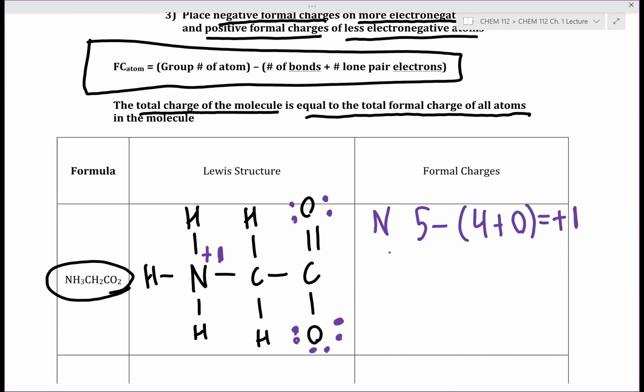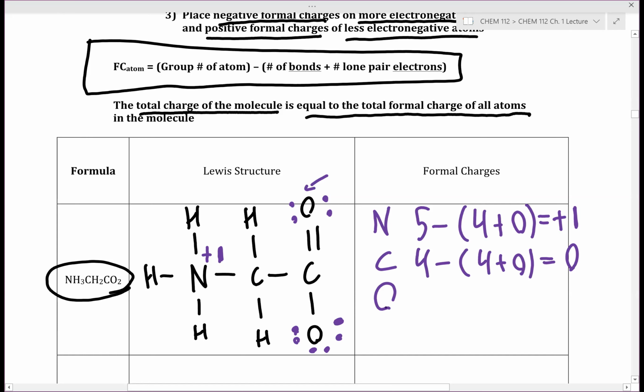Okay, let's do carbon. Let's do this middle carbon. What is carbon's group number? 4. Yep. How many bonds does this middle carbon form? 4. Yep. Does carbon have any lone pairs, any dots on it? No. So carbon has a formal charge of 0. You do not have to write a formal charge of 0 on every single atom. It's redundant. Okay. Let's look at this top oxygen.